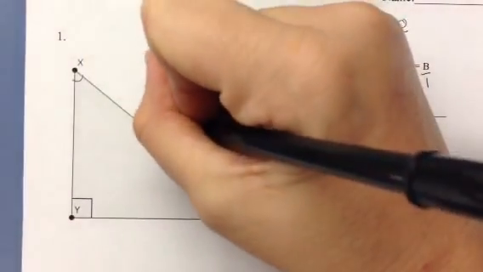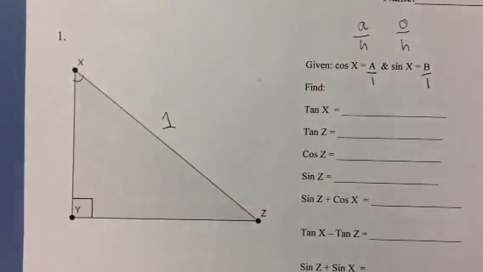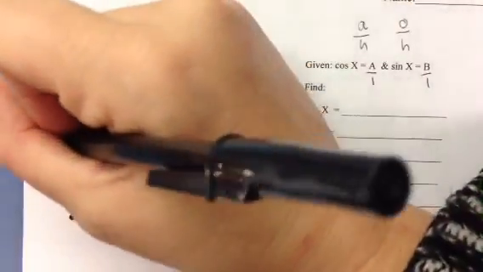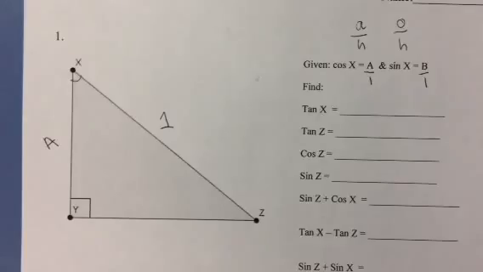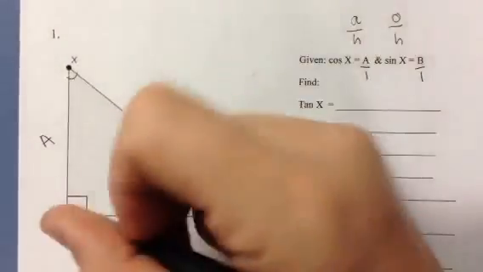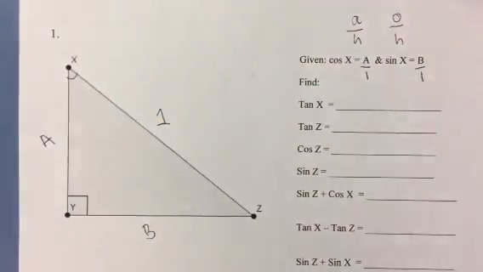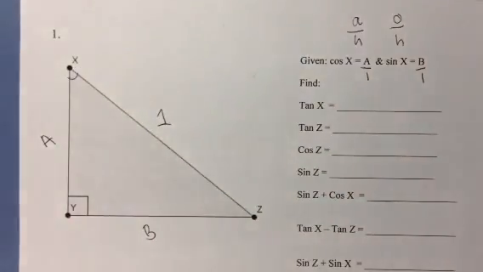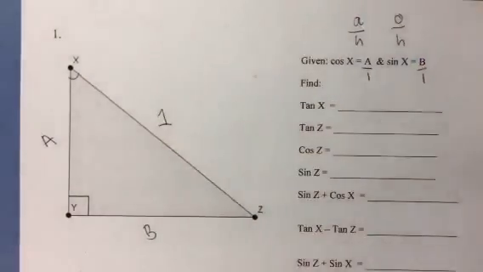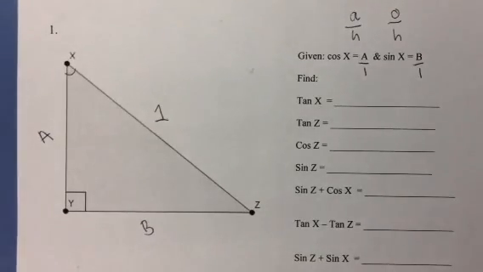So I'm going to just say that the hypotenuse has a length of 1, that this side, we're going to call this a, so that now the cosine of that is a over 1, or just a, and then the opposite side we're going to call b. So that if I thought about this, the sine of x is b over 1, which is the same as just b. So now, using this information, we're going to answer these questions.